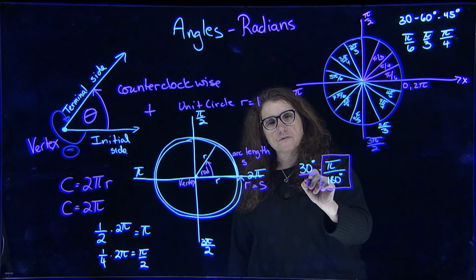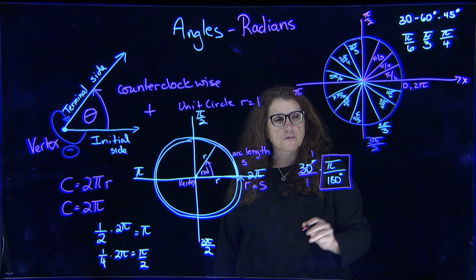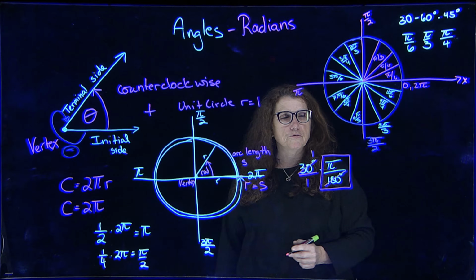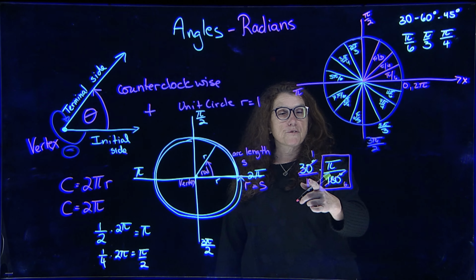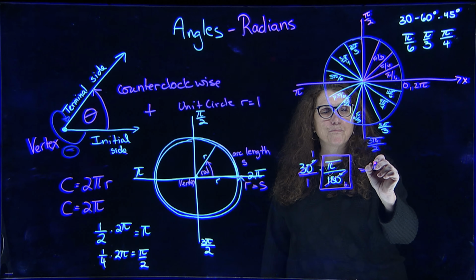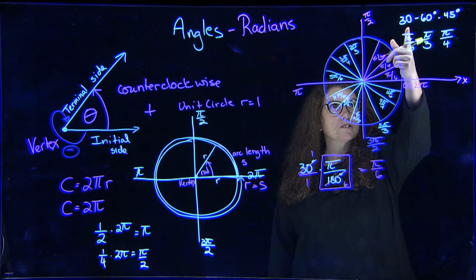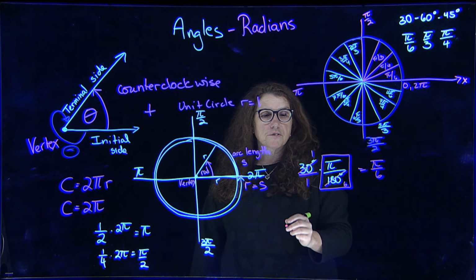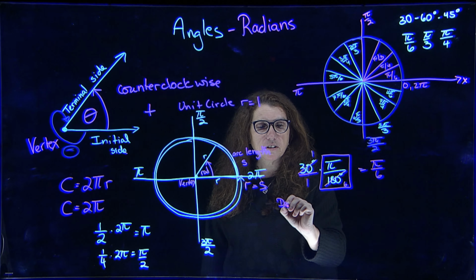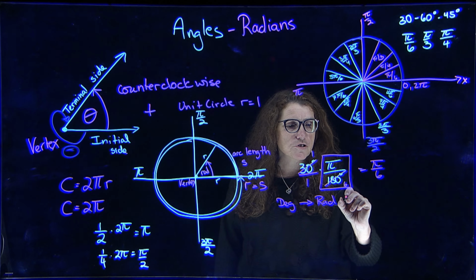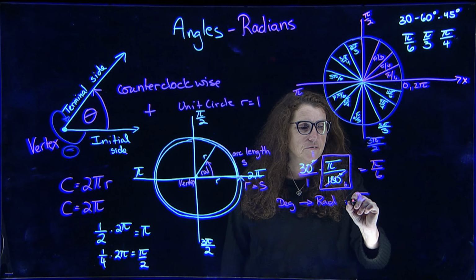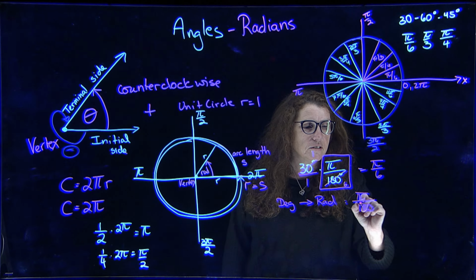Now I can reduce. 30 goes into 30 one time and into 180 six times. So 30 degrees is pi over 6, just like I stated here. So the conversion rate from degrees to radians is pi divided by 180.